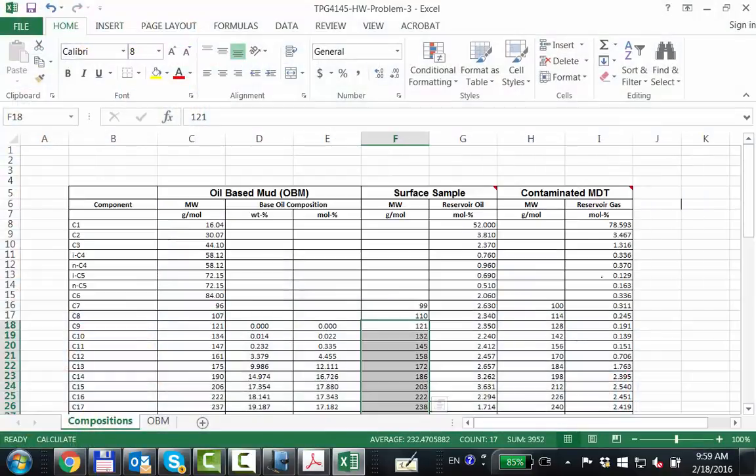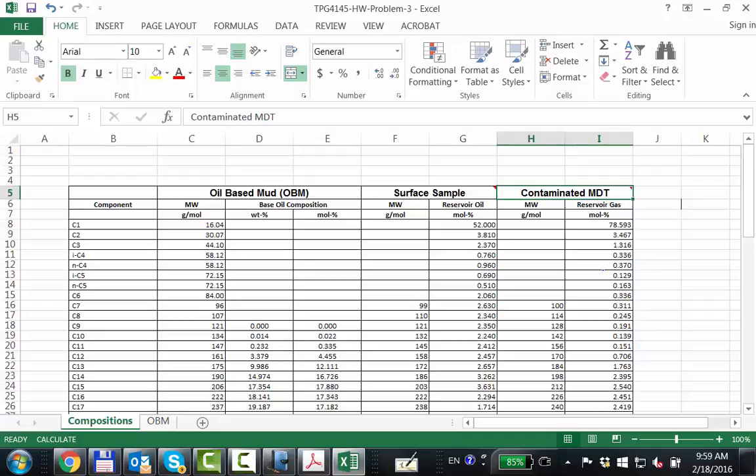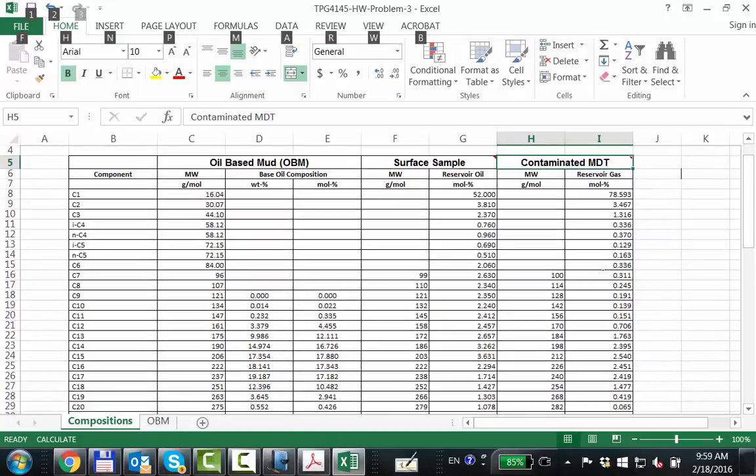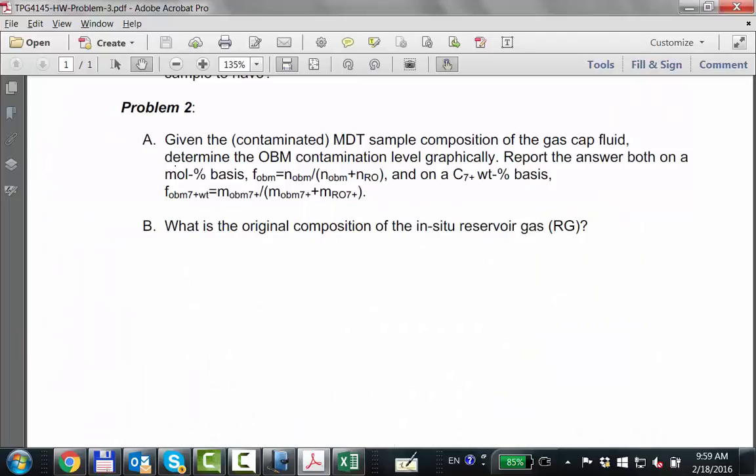That's what's given over here in column I. It's the same oil-based mud. Okay? Same oil-based mud. So the problem is, given that contaminated composition, determine the oil-based mud contamination level graphically.